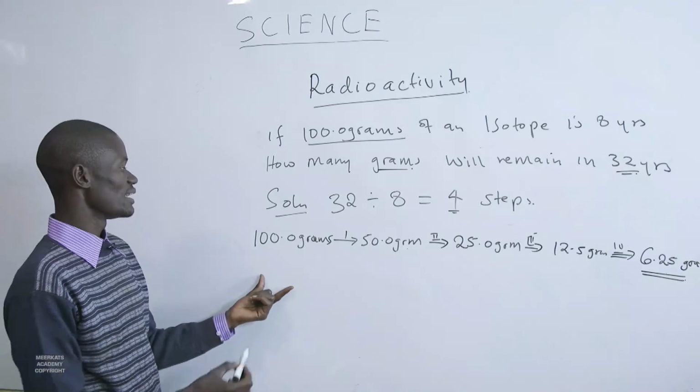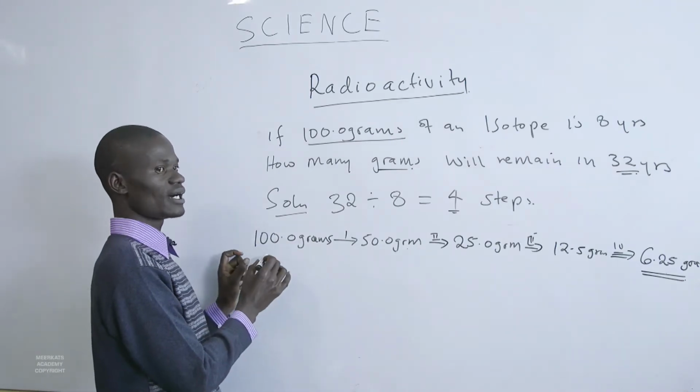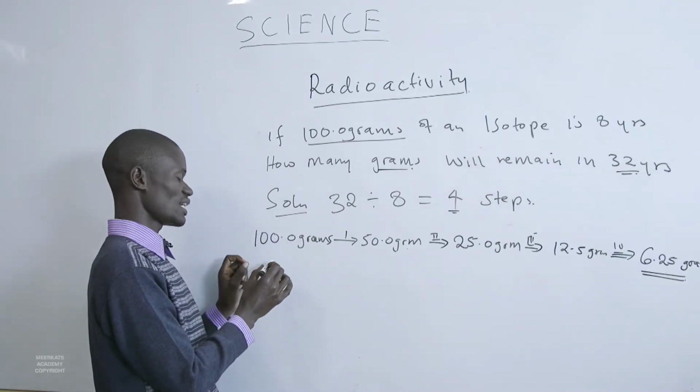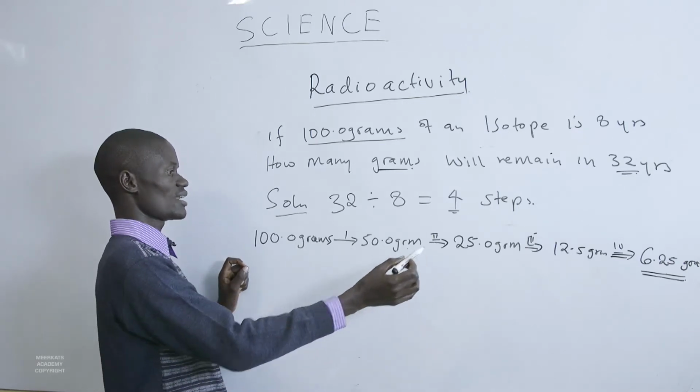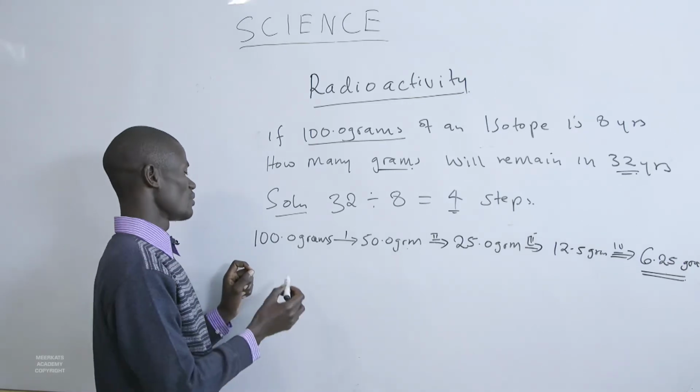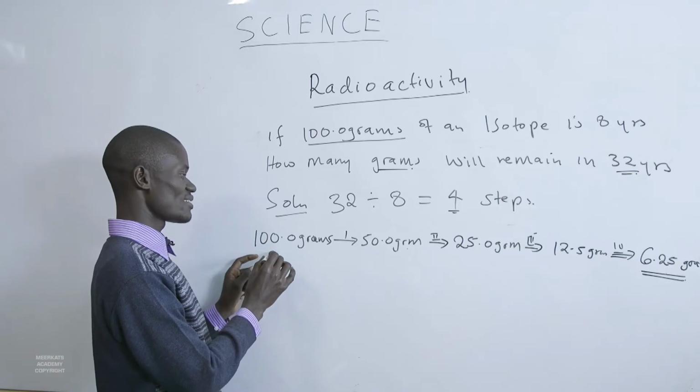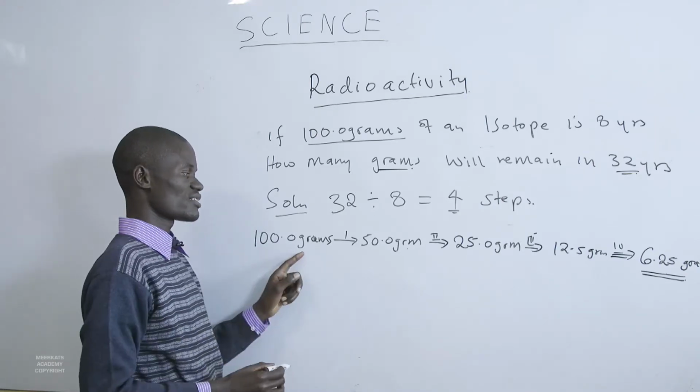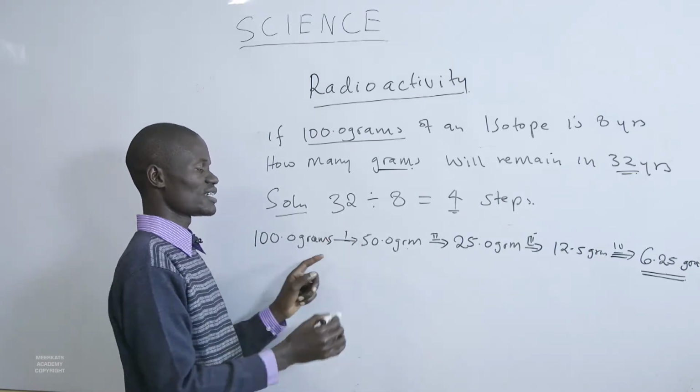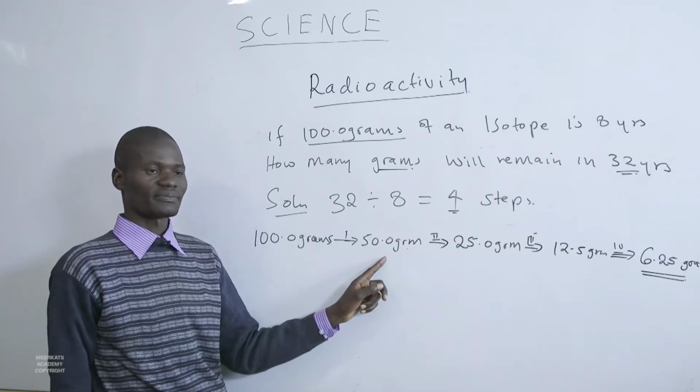In each period, we take the original, that is the parent, to the daughter and the subsequent daughters. We take 100 grams, a half-life of 100, that is step 1, it gives us 50 grams.